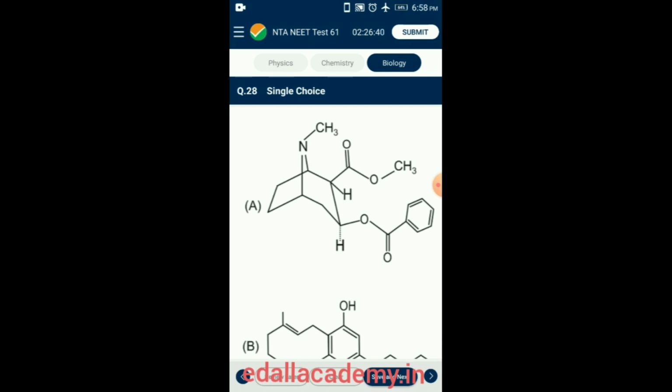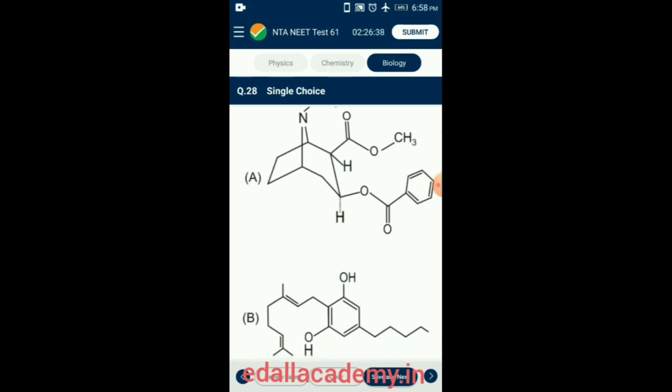The structure B represents cannabinoids, and these are a group of chemicals which interact with the cannabinoid receptors present principally in the brain. Natural cannabinoids are obtained from the inflorescence of a plant, Cannabis sativa, generally taken by inhalation and oral ingestion.